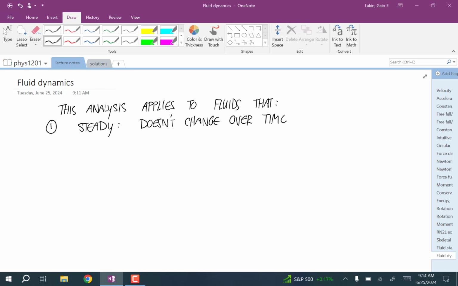So if you somehow were able to measure the velocity of a single location in the fluid flow as time went by, that point would always have the same velocity. Fluid would always be moving in the same direction at the same speed every time it came through that point. The second thing is there aren't going to be any viscous effects.